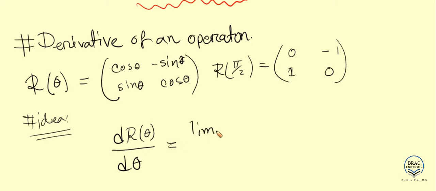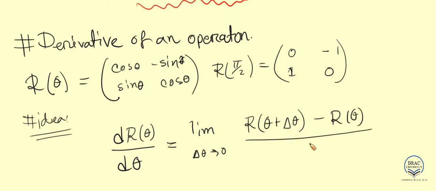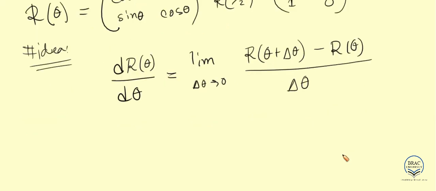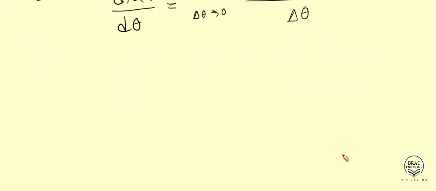And the formal definition is just like this. So let's call it del theta, that goes to 0, and you will have this matrix over here that is containing the parameter and a perturbed part, that is delta theta, and here you will have R of theta divided by del theta. So when this limit goes to 0, we can find the derivative. So this is just a formal definition, and now let's try to evaluate the derivative itself.